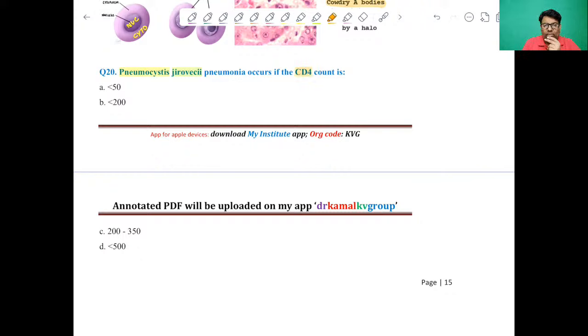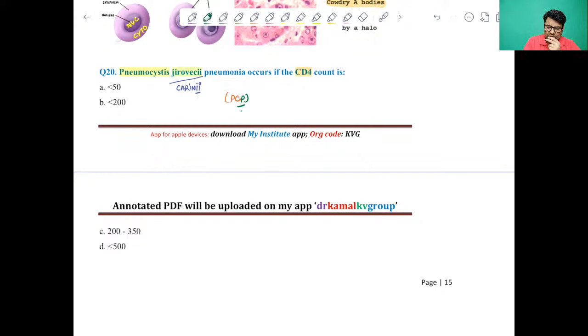Now, Pneumocystis jirovecii pneumonia, or what you call Pneumocystis carinii pneumonia, will be seen if the CD4 count is... In some texts you will also find the word Pneumocystis carinii, sometimes we call it Pneumocystis carinii pneumonia, PCP. That depends.